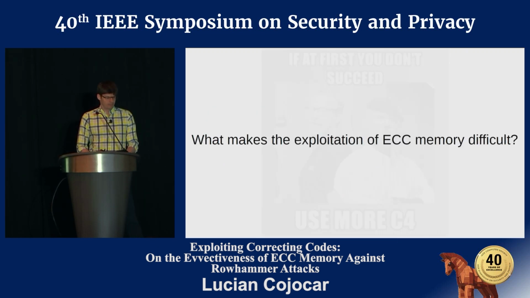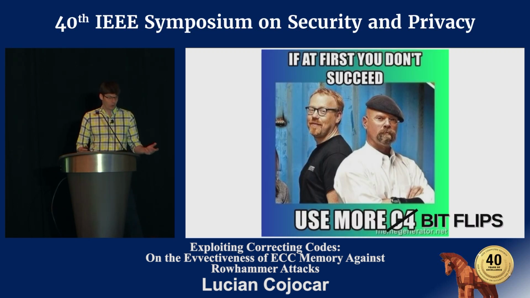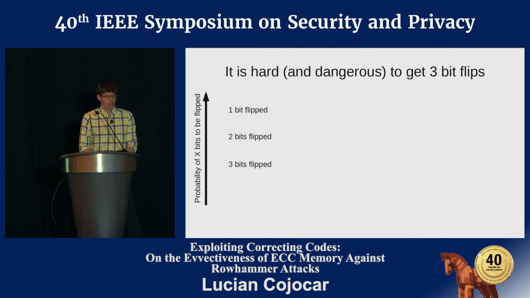Now, as I said, ECC just corrects some of the bit flips, right? But then what makes the exploitation of ECC memory so difficult in practice? We just need more bit flips. That should be the strategy, right? Well, it turns out that more bit flips make life harder for us, and it could also be dangerous to get too many bit flips at some point.